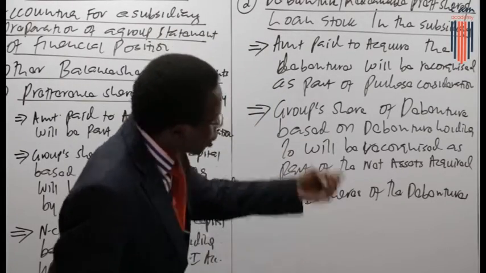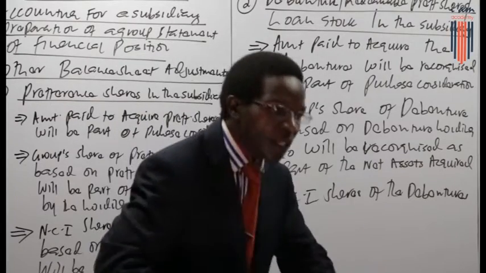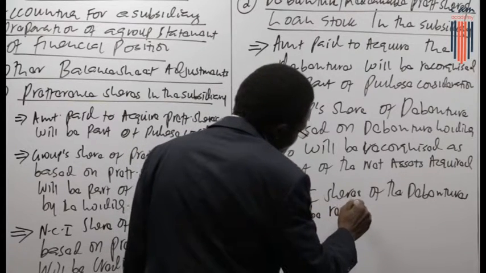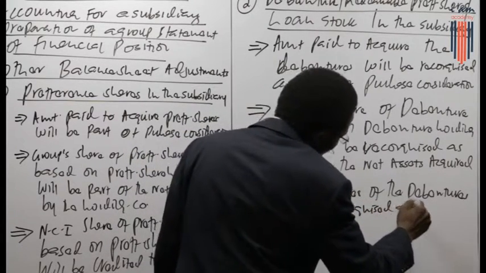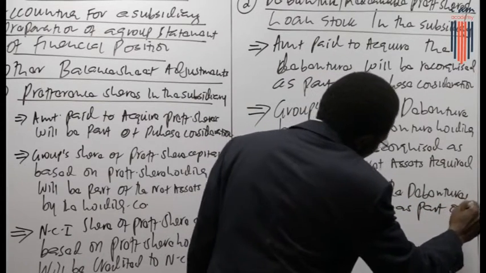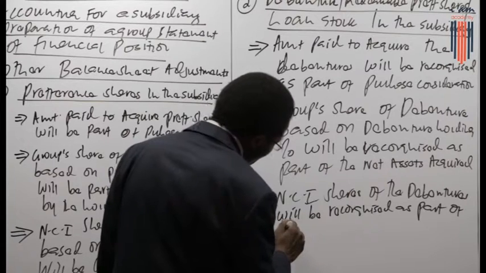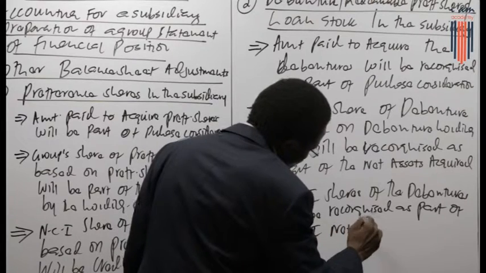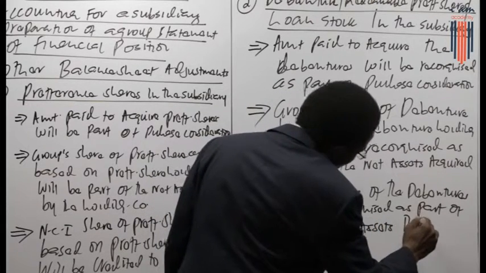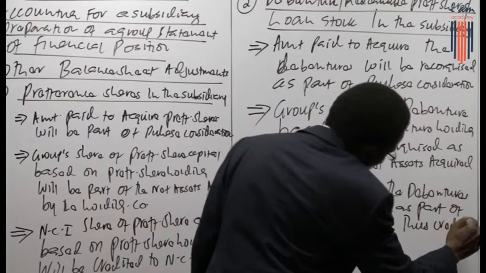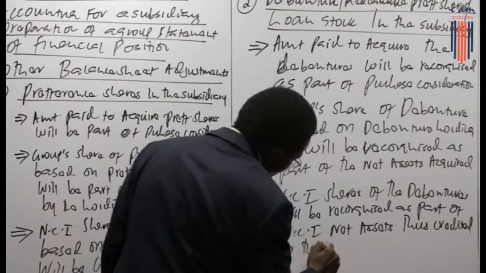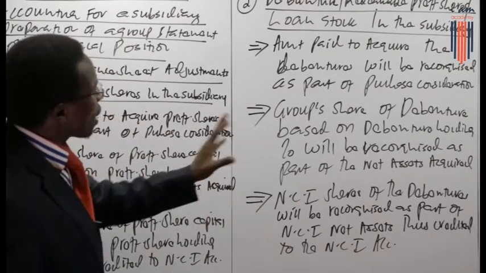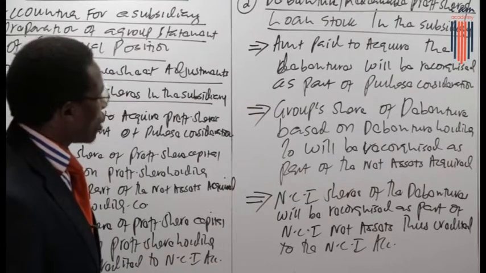So the NCI share of the debentures, redeemable preference shares, the loan stock will be recognized as part of the NCI net assets, thus credited to the non-controlling interest account. That's important. So those are very, very important items that you need not to forget.